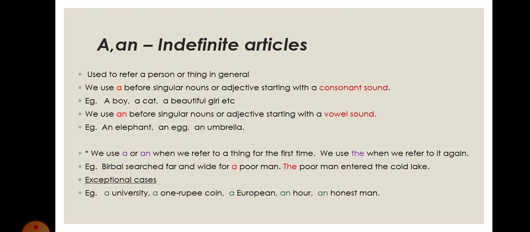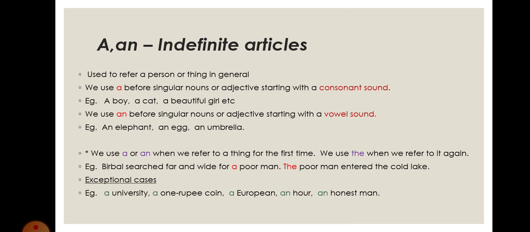Yes, in the case of certain words, even though the word starts with a vowel letter, the pronunciation may not start with a vowel sound. For example, look at the first word, university. What's the first letter of the word university? U, isn't it?